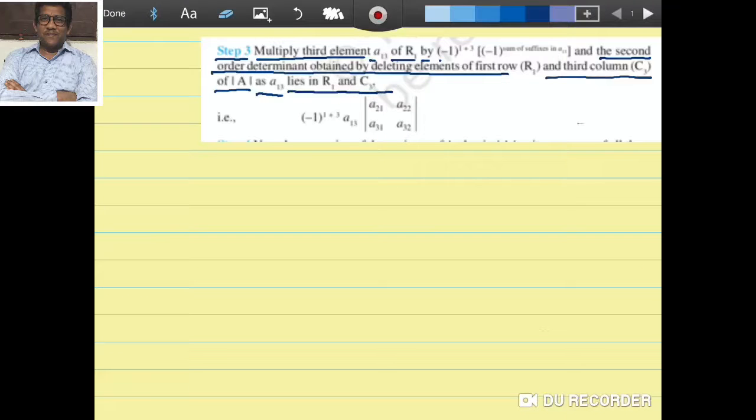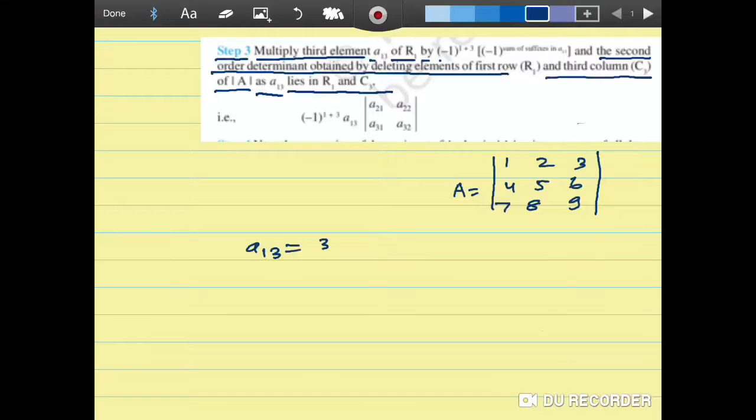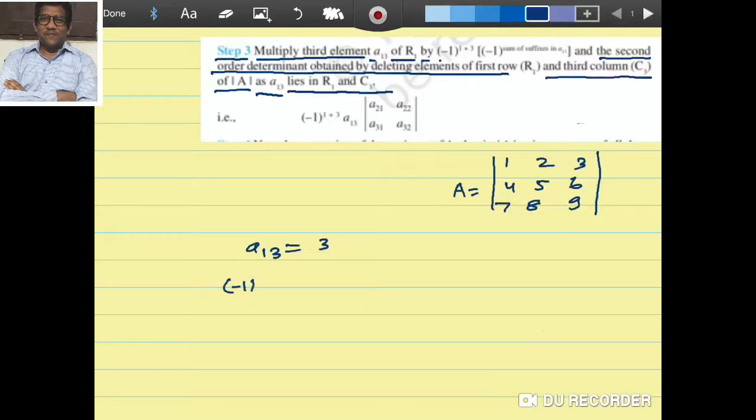For considered example, A13 is equal to 3. Multiply this by minus 1 to the power 1 plus 3, that is minus 1 to the power 4, that is plus 1. So A13 is multiplied with 1, we get 3.